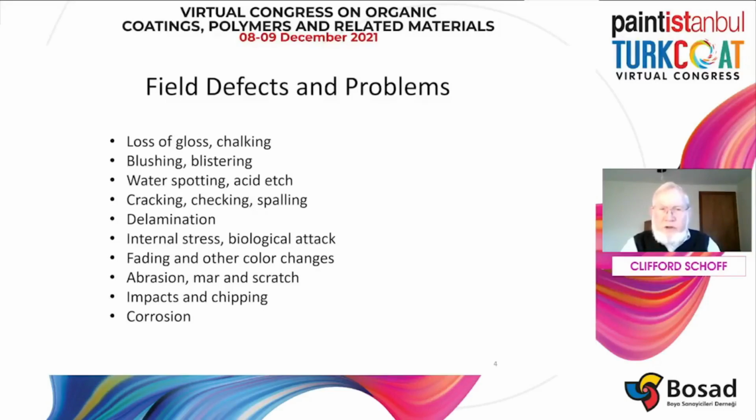Coatings can be stressed during the heating process, the baking process. Biological attack would be where insects, bird droppings, and various other biological materials may fall onto the coating, which may change its gloss, or make actual defects, more like the acid etch mentioned earlier.